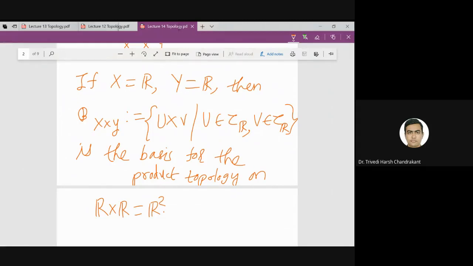So we are in the XY plane situation. Further, what topology on R am I taking? I am taking the standard topology.